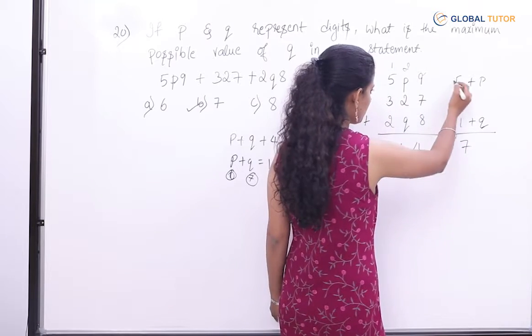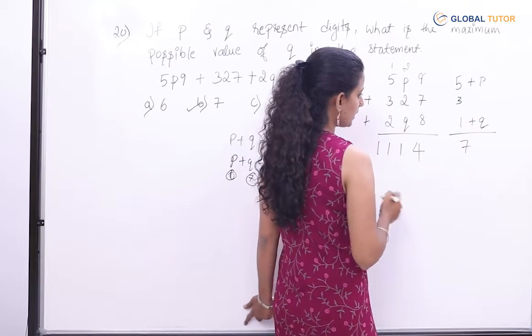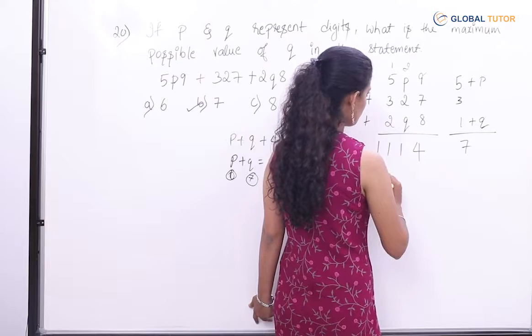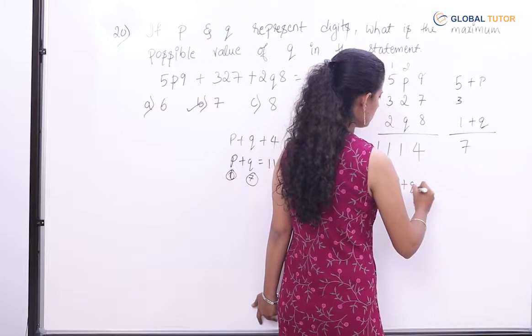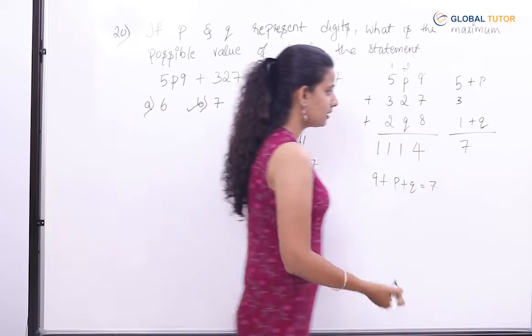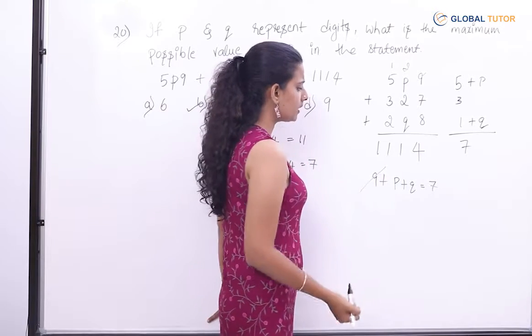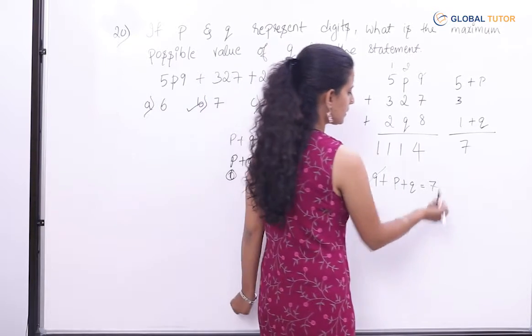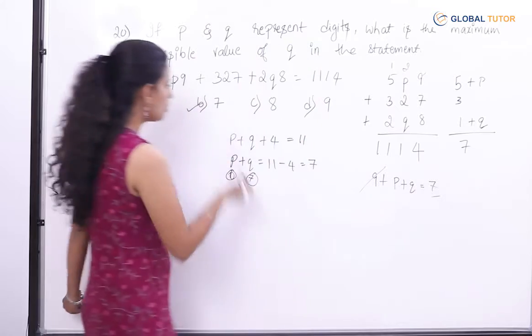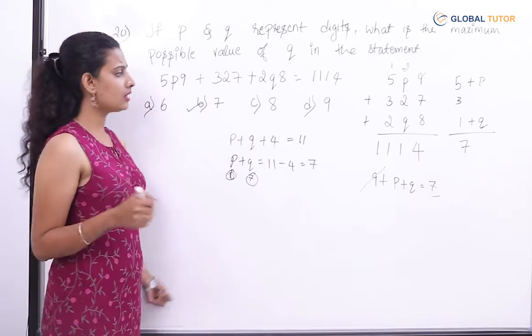So here 5 plus 3 plus 1 is 9 plus P plus Q is equal to 7. Here 9 will be discarded, so P plus Q is equal to 7. So option B, 7 is the answer.